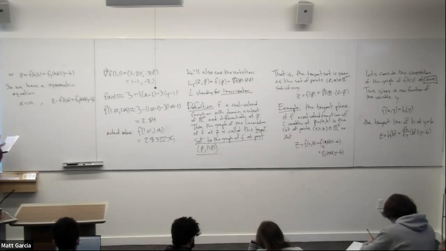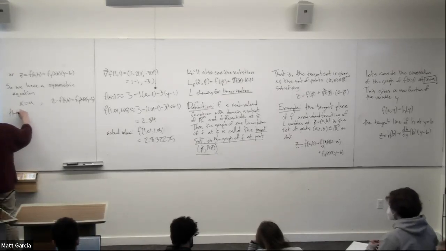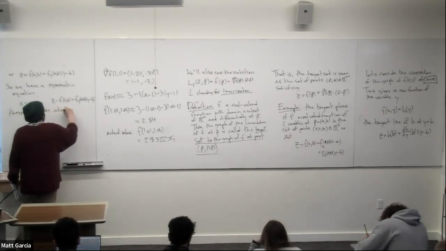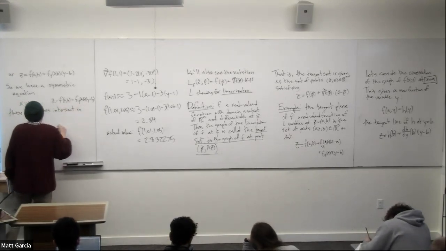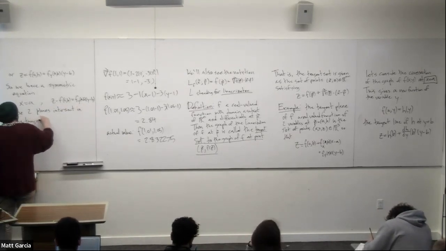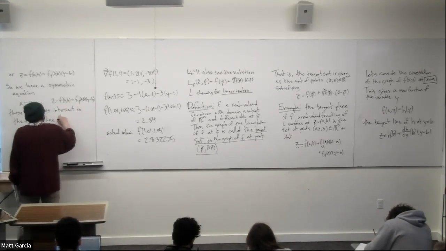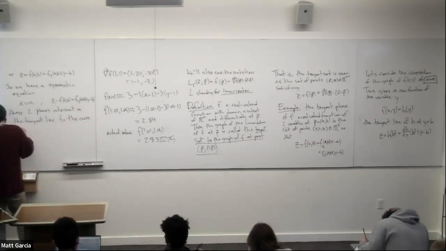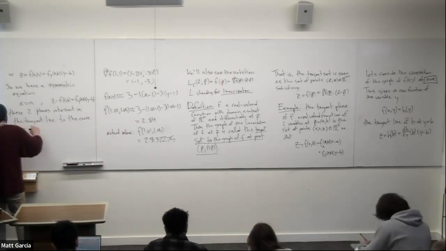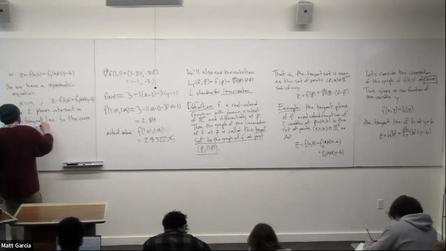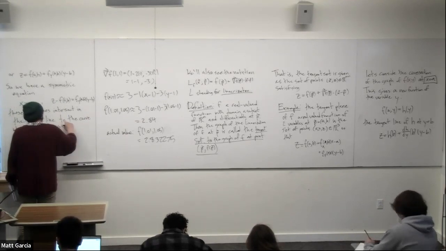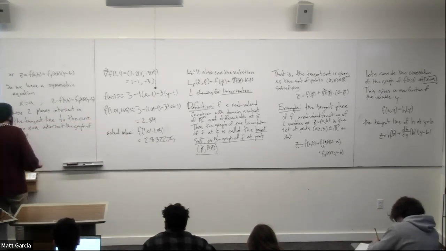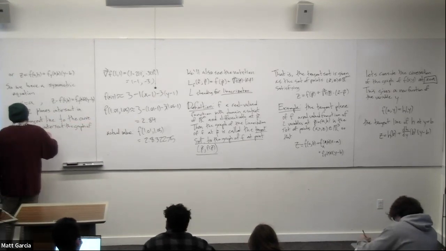These 2 planes intersect in the tangent line to the curve where x equals a intersects the graph of f of x, y at point b.